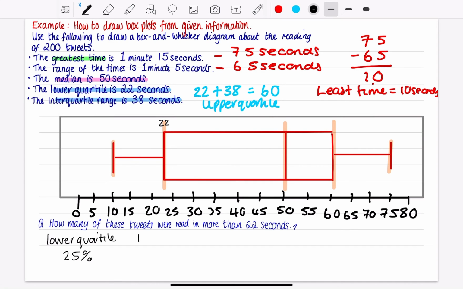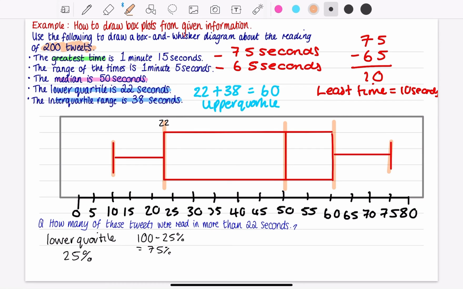So we know 100 take away 25 is 75. So we need to find 75% of our total. Now it's really important that you've read the question early on, as the first line tells us that this is all out of 200.